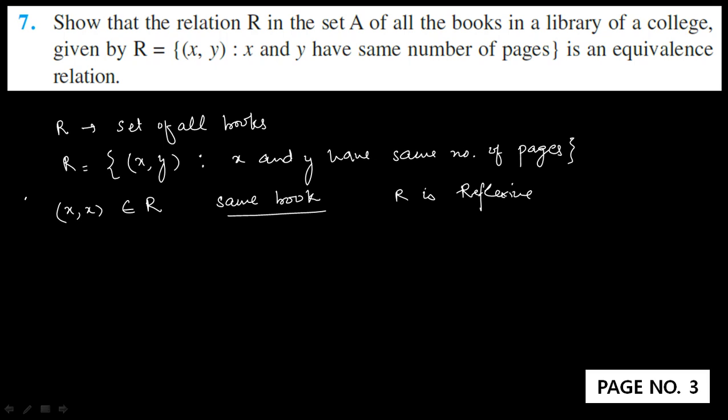Now what about the second condition? You can clearly identify two books having the same number of pages. (x, y) belongs to R. What is the meaning of this? x and y have the same number of pages.